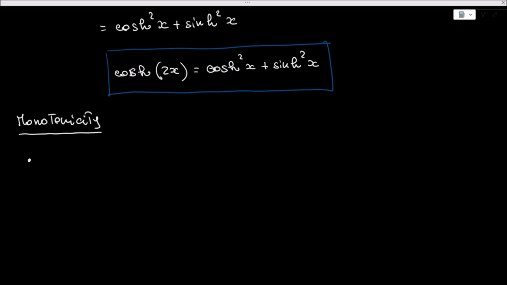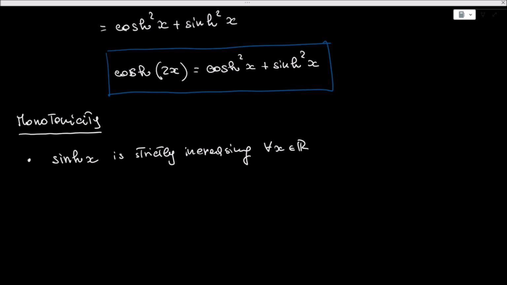So the first property is that the hyperbolic sine of x is strictly increasing for every x in R.